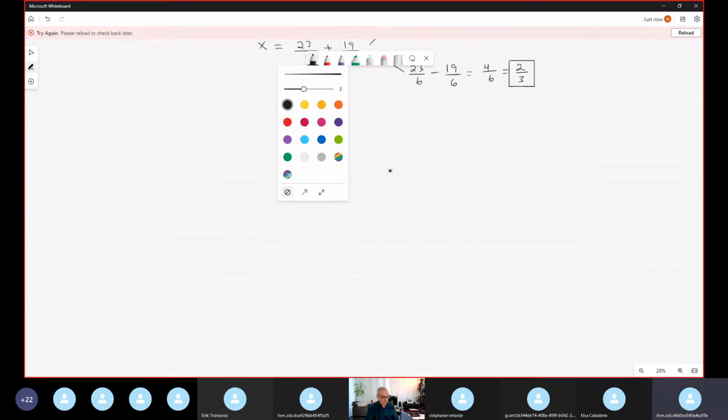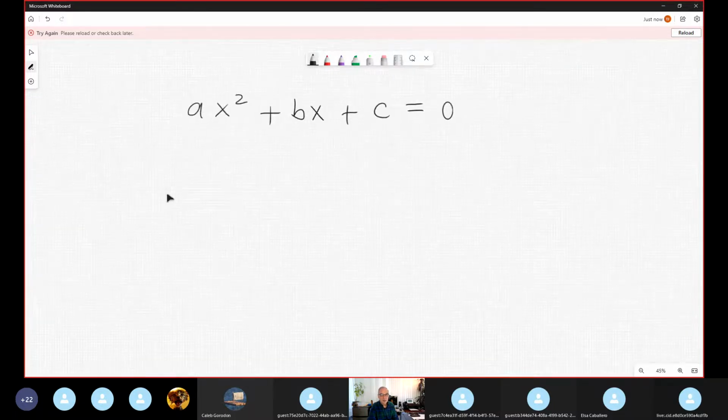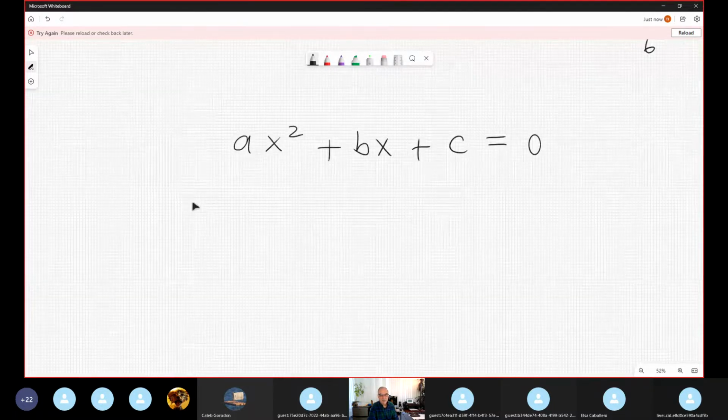Excellent. Now, entonces, the mathematicians say, wow, too much. There, I can't find the formula. Suppose this, ax squared plus bx plus c equals 0. This is my standard quadratic equation I know all my life.